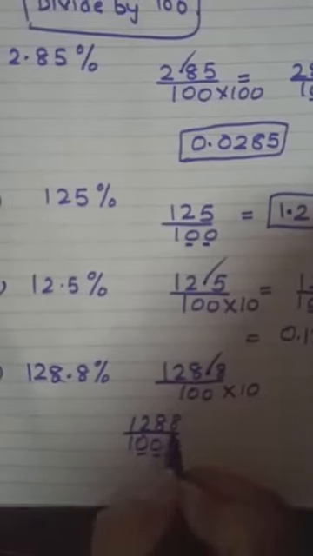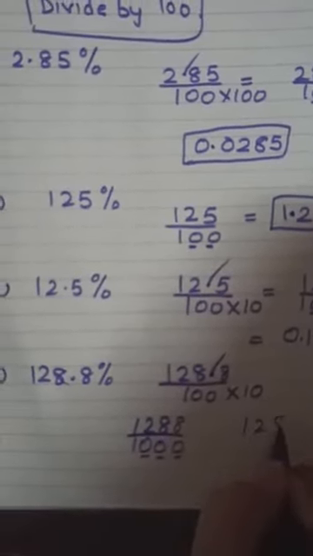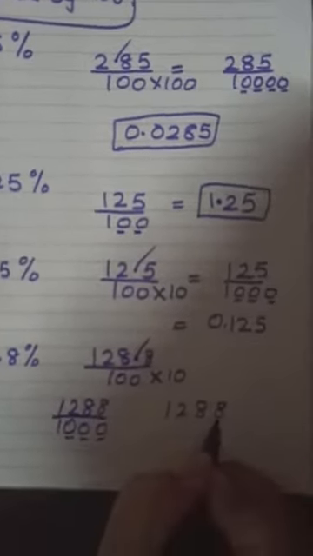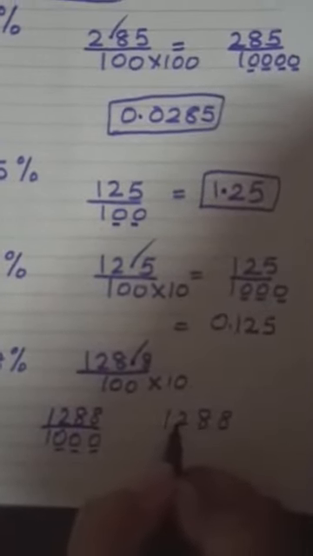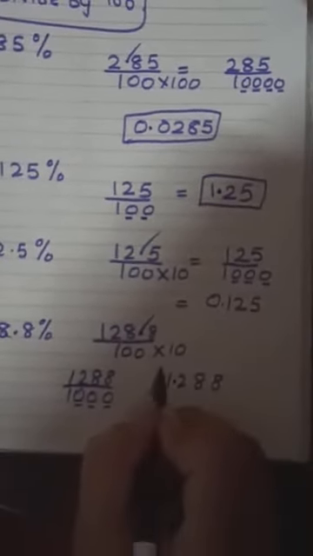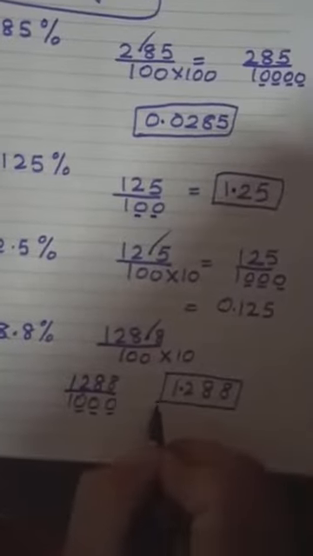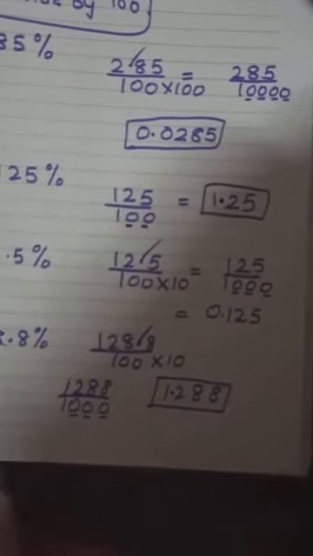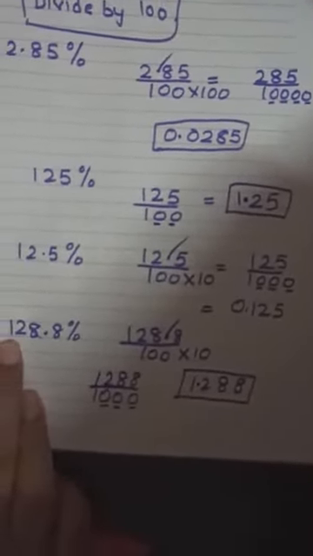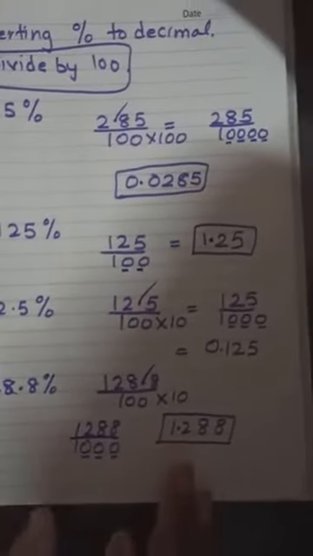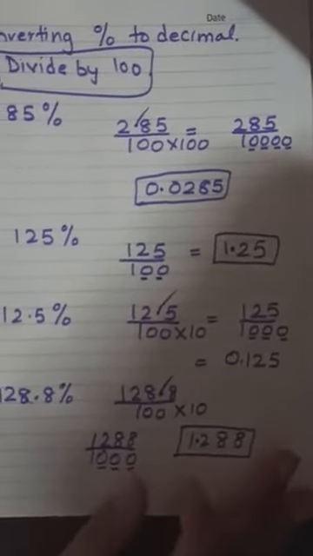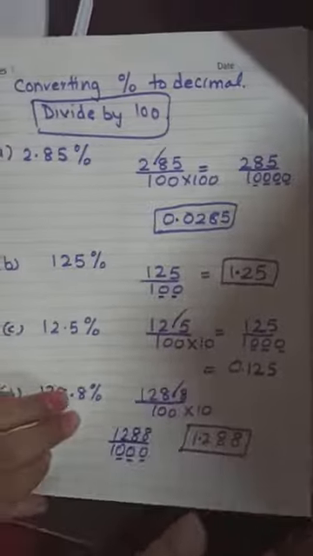So you will count 3 digits from here. First write 1288. Count 3 digits: 1, 2, 3. And now put the decimal. So this is ready. This is your answer in decimal form. We have converted 128.8% into 1.288. Followed?